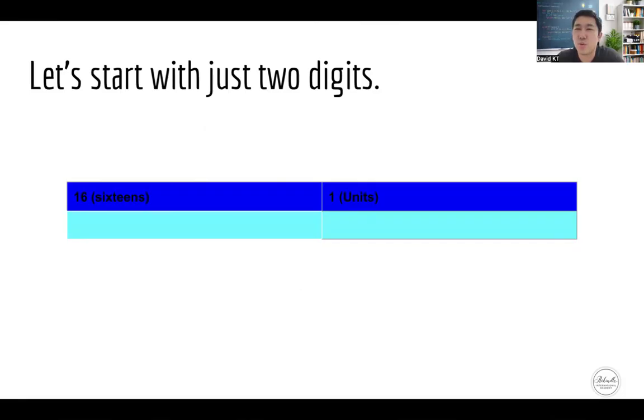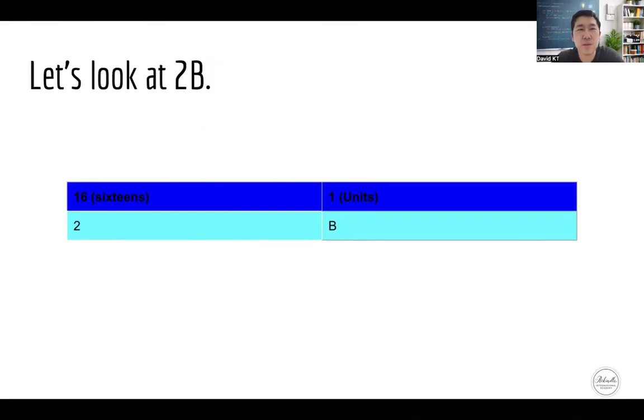So let's start with just two digits in hexadecimal. Let's start with 2B. So B is the same as what? So A is the same as 10, B is the same as 11. All we have to do is take this, multiply it by this. 2 times 16 is equal to what? 32.